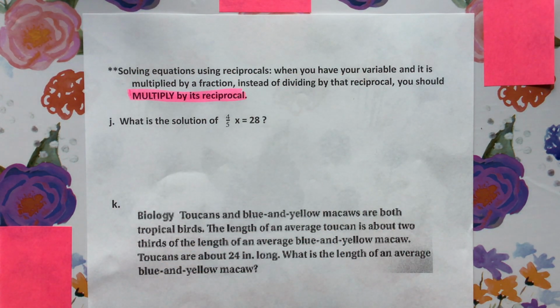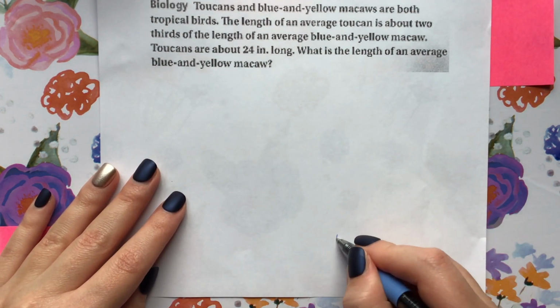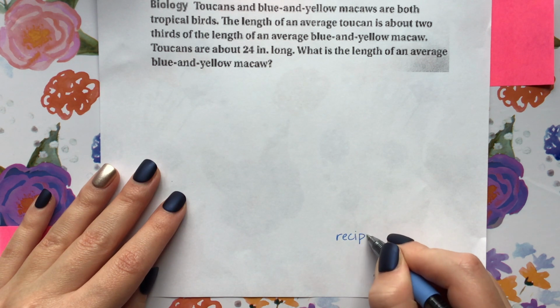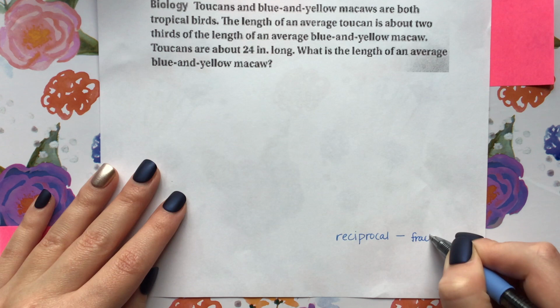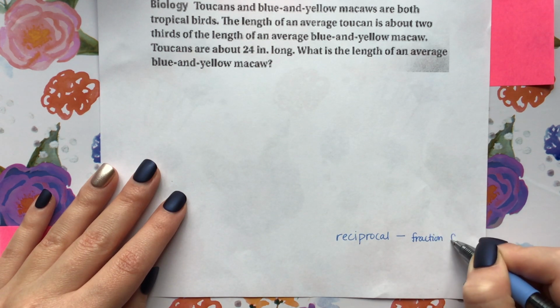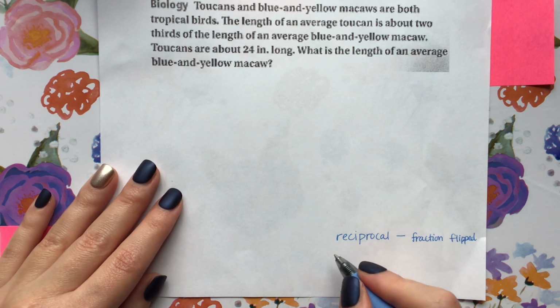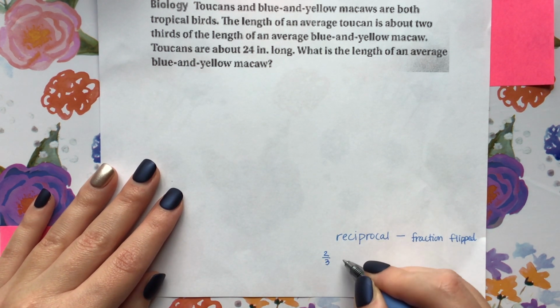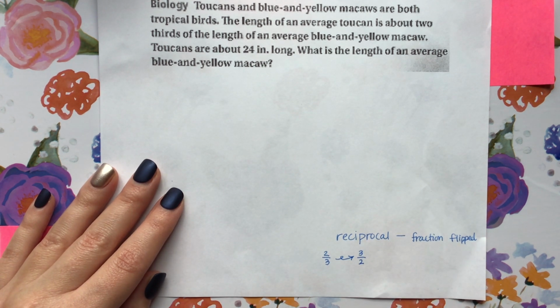First of all, what's a reciprocal? Let's go down here and talk about that real fast. A reciprocal is a fraction flipped. So if I have the fraction 2/3, its reciprocal is 3/2.